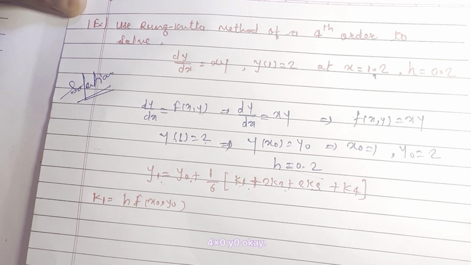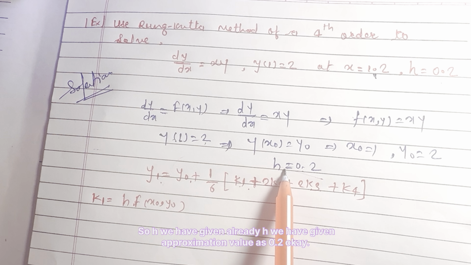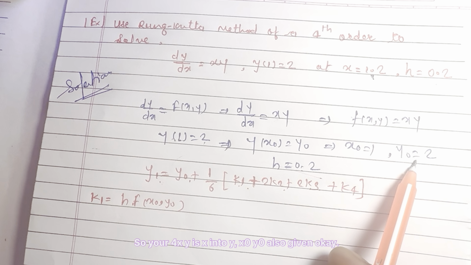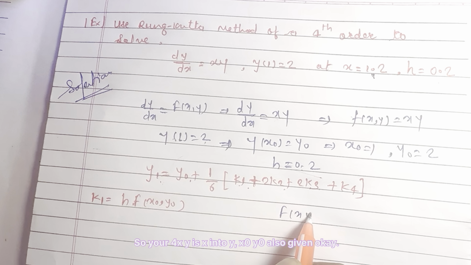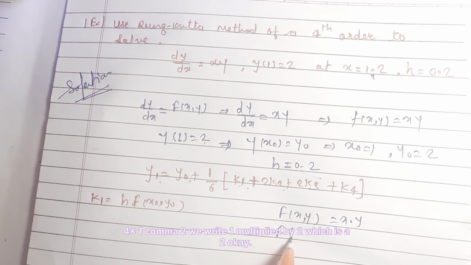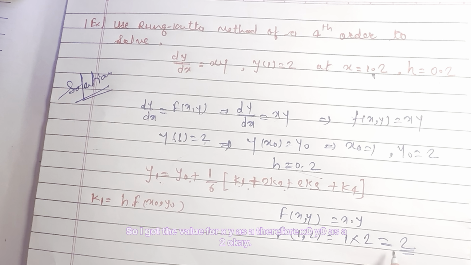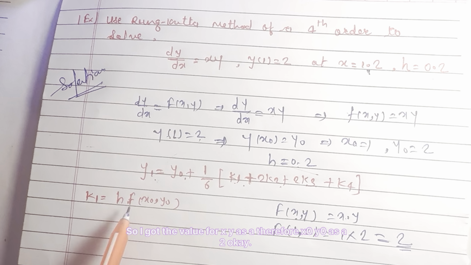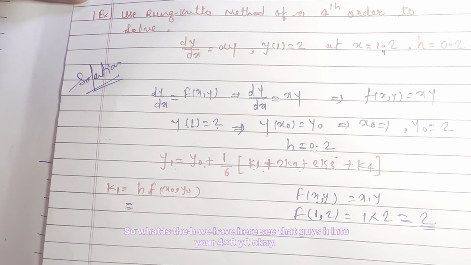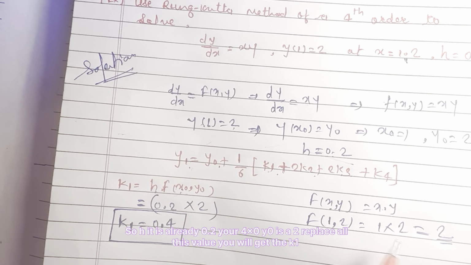H is already given as 0.2. Since f of x y is x into y, f of x naught y naught, that means f of 1 comma 2, is 1 multiplied by 2, which is 2. Now h into f of x naught y naught: h is 0.2 and f of x naught y naught is 2.